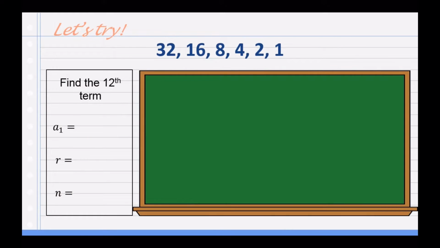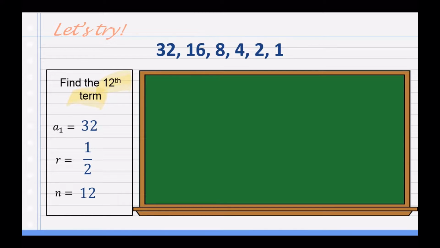Now let's try to find the 12th term of our previous example using the formula. So in here, our a sub 1 is 32 since 32 is our first term. Our r is 1/2 since 1/2 is our common ratio. And since we're trying to find the 12th term, therefore our n is 12.